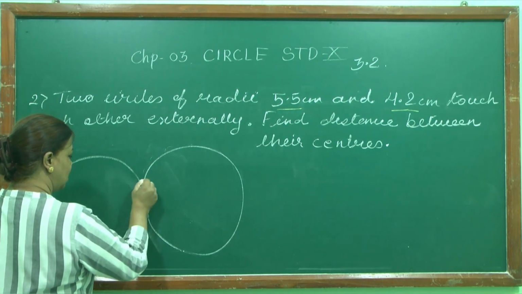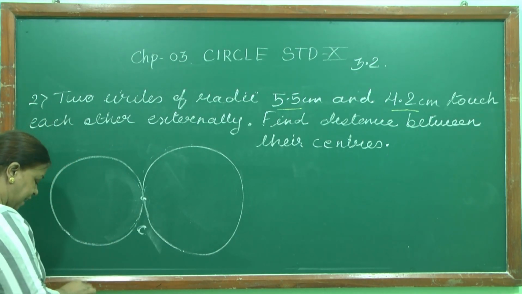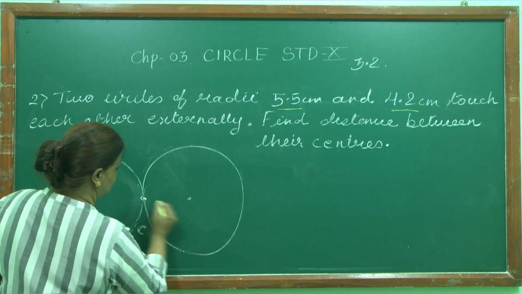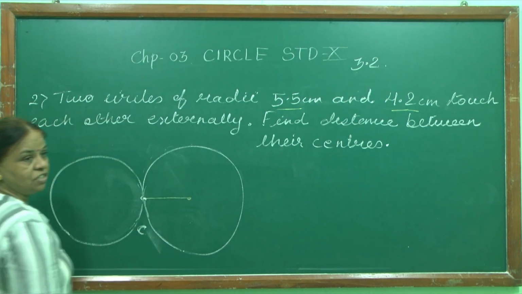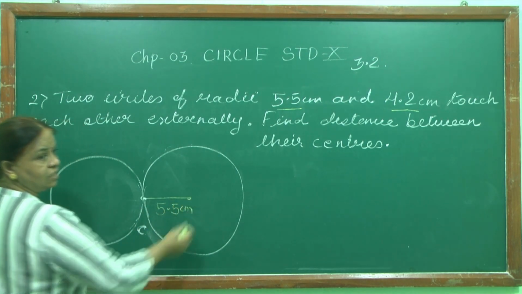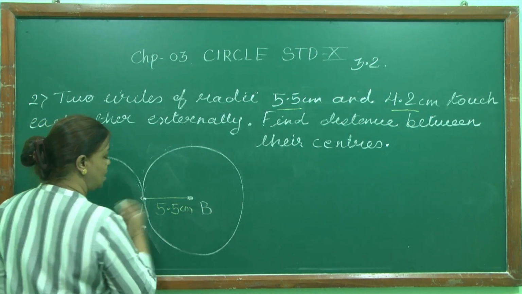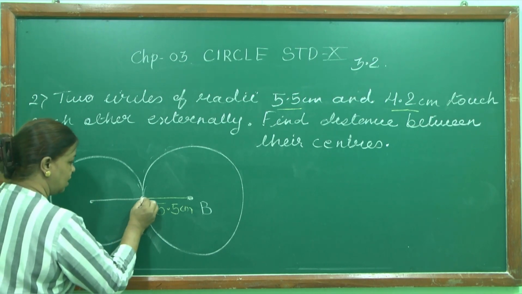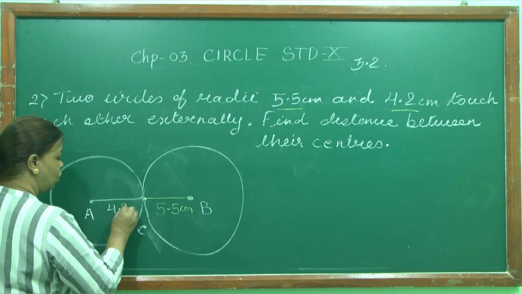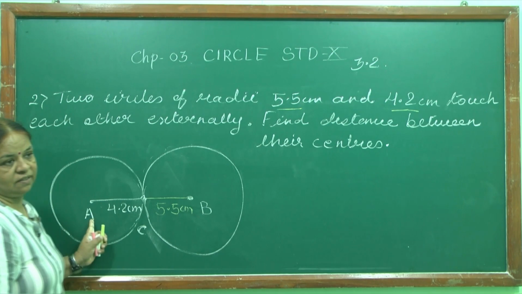Say this point be C. They touch each other at the point C. The radius of one circle is 5.5 centimeters, children. And the center of this circle is B. The center of this circle is A. And radius of this circle is 4.2 centimeter. What is the distance between their centers?